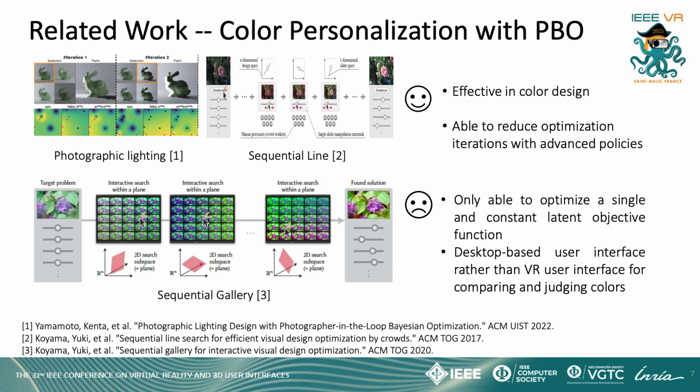By using preferential Bayesian optimization, many algorithms have been proposed for personalized color design. Although they are effective, they only focus on optimizing a single and constant latent objective function. Moreover, their desktop-based user interfaces are intended for general 2D images rather than for comparing 360-degree images in VR.